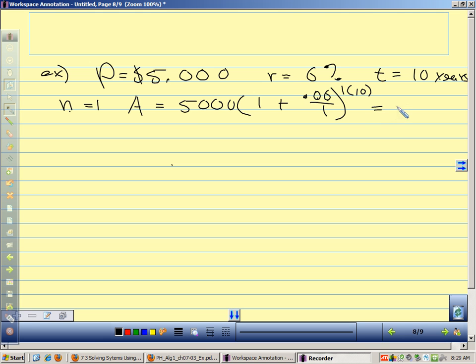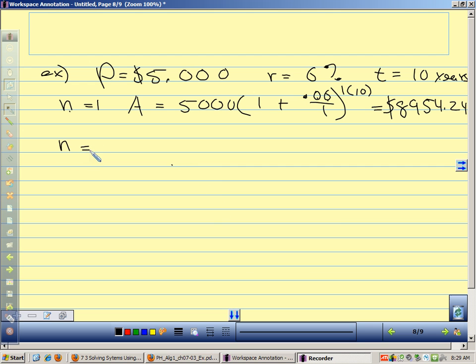And when we calculate that out, that gives us 8954.24. N is 1, so our compounding rate is once per year times 10 years. Interest rate as a decimal. And when we do these, remember your order of operations: you do the parentheses first, then the exponent, and then multiplication.